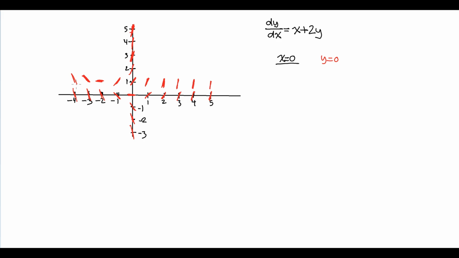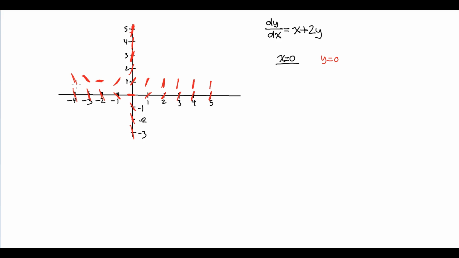Usually they don't ask you to make huge slope fields, so I guess you can stop there. No, we should do a little more. It's good to have a more accurate graph of slope. Now let's do y equals 2. We're going to go by y value.